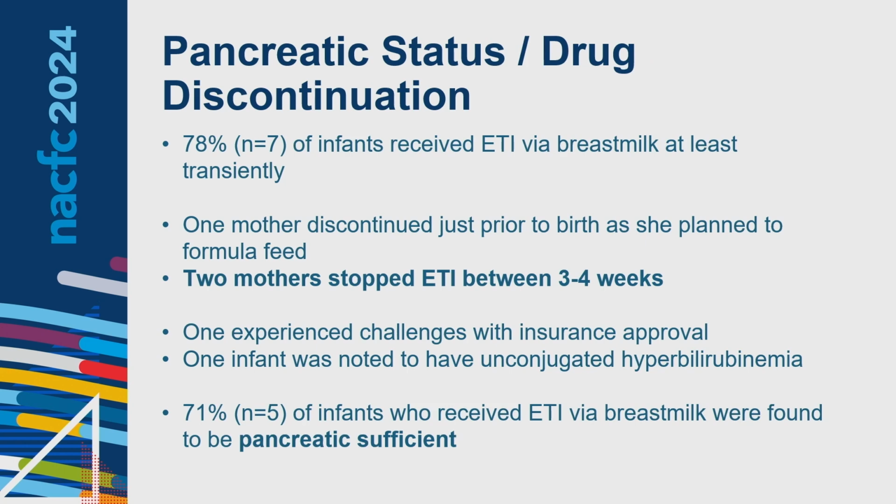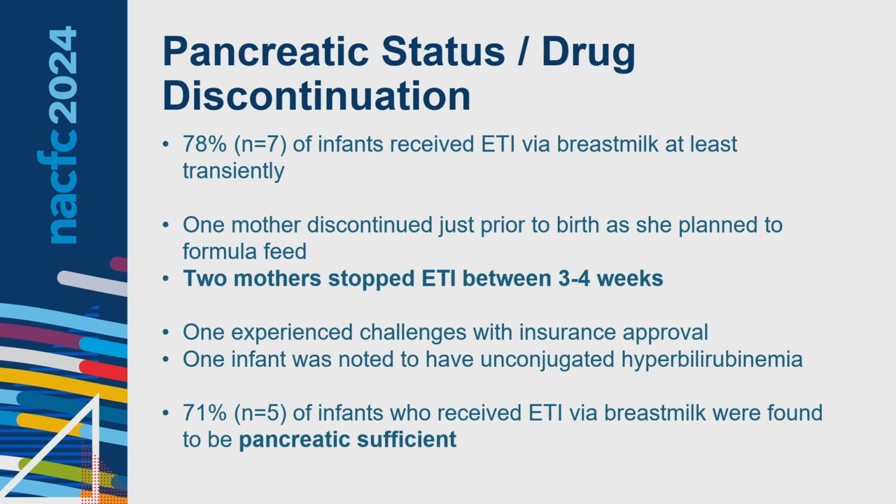For those who did receive ETI via breast milk, at least transiently, we have encouraging data about their pancreas function improving. But for those who discontinued, these occurred for a couple of reasons, with 2 mothers stopping ETI within that 3 to 4 weeks of life. 1 unfortunately had insurance challenges and so just simply couldn't get the drug any further.